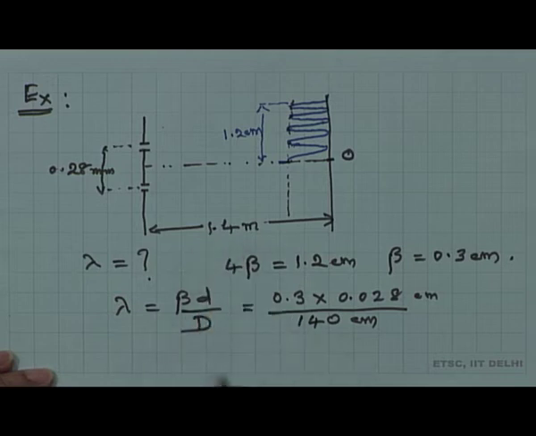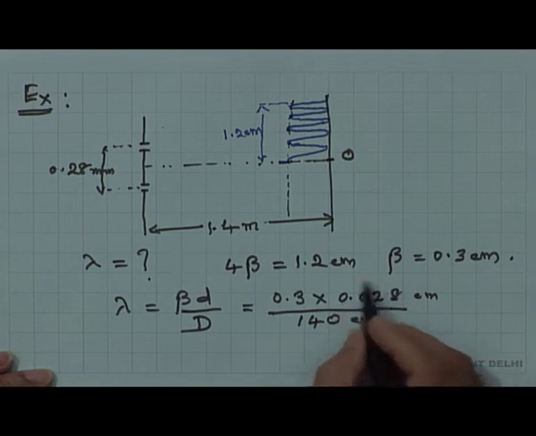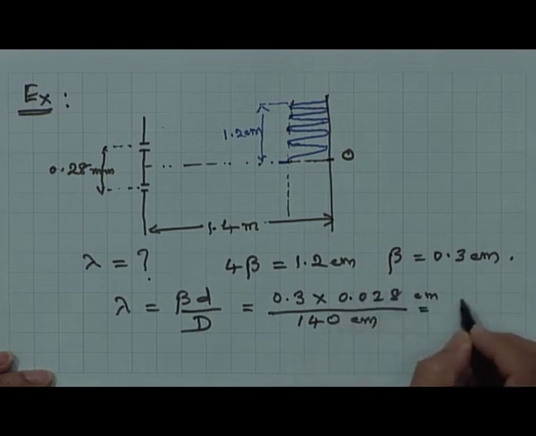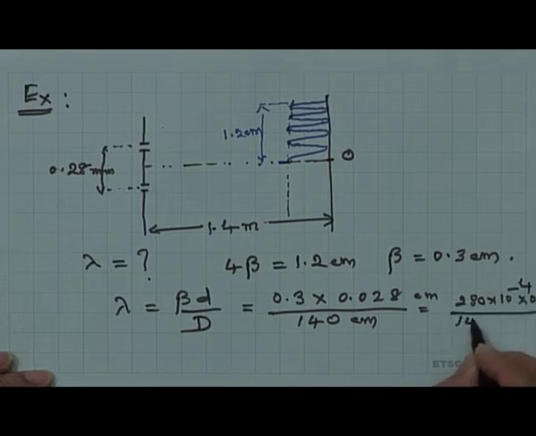So, I can write this straight away as 28 into 10 power minus 3, or 280 into 10 power minus 4, into 0.3 divided by 140.